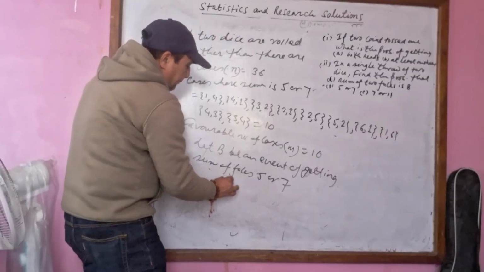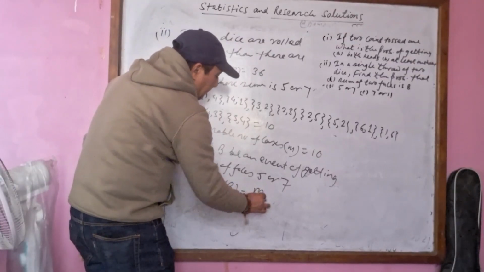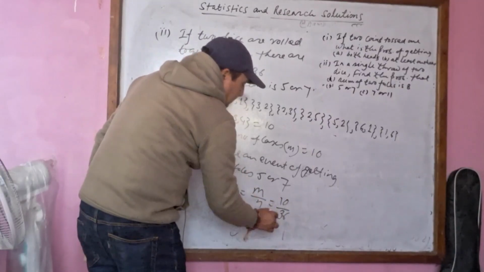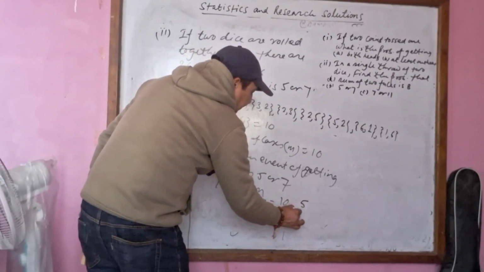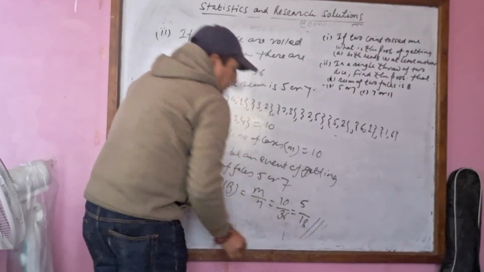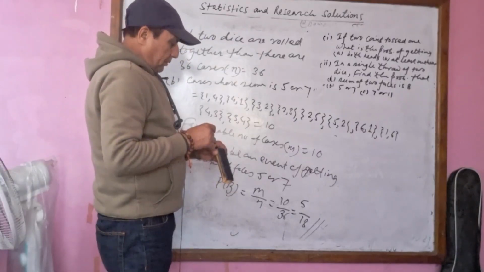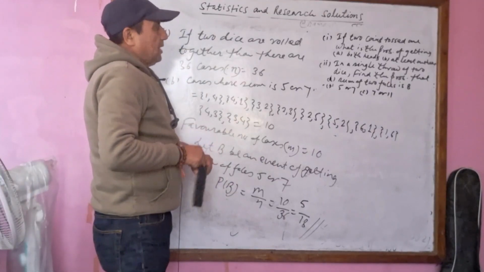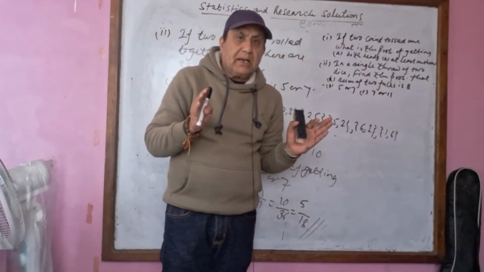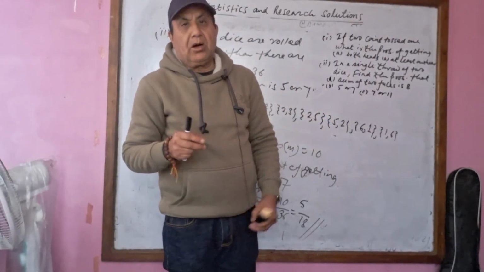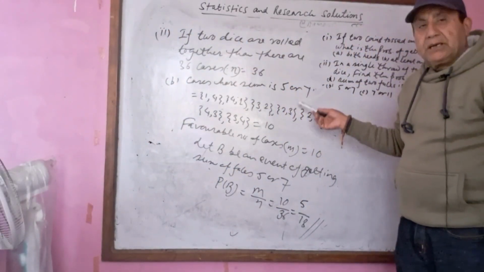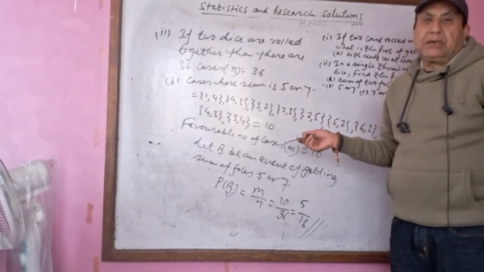So P(B) is equal to m upon n, which is 10 upon 36, that is 5 by 18. So in this way we can solve these types of problems. This problem is based on the mathematical definition, the mathematical approach. Favorable number of cases we need and total number of cases we need.